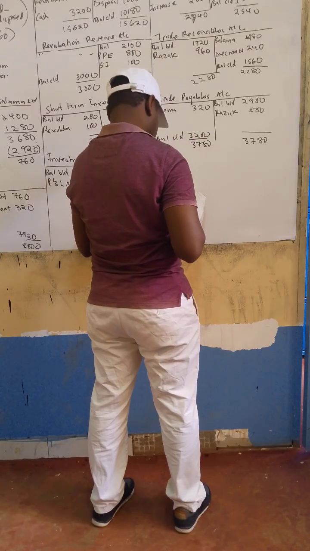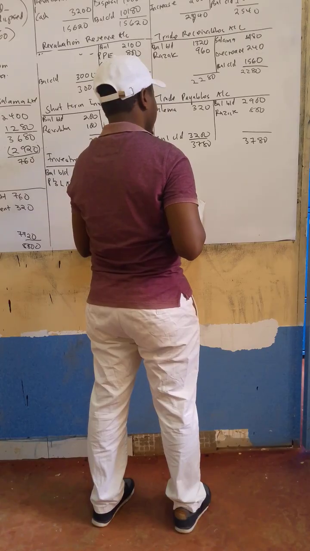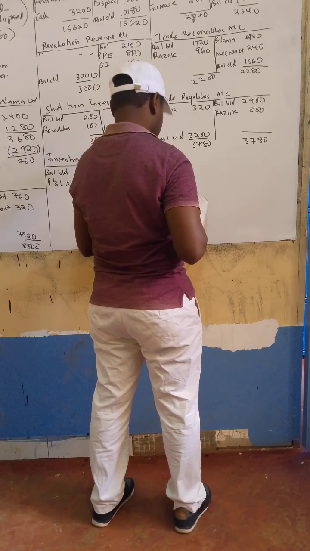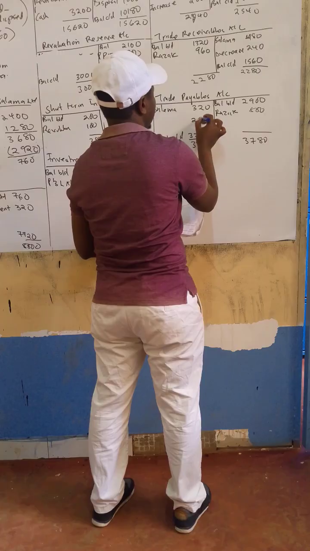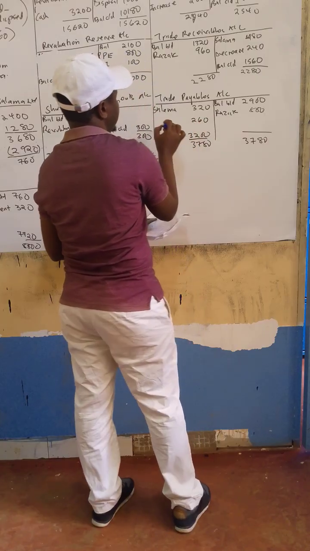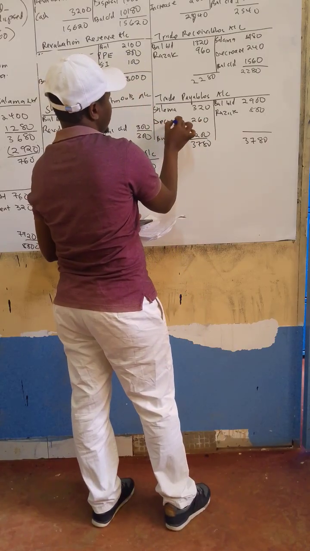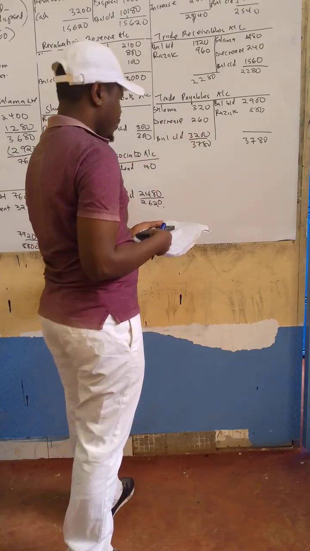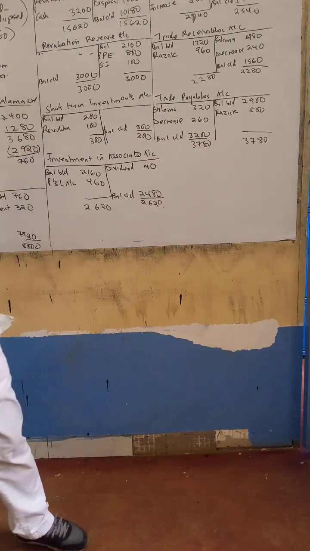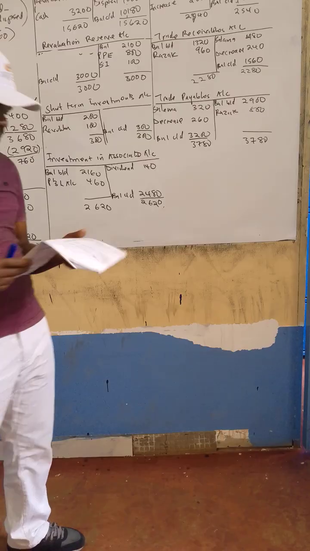So minus 3200 minus 320, you get 260. So there is a decrease. There's a decrease of 260 in trade payables.